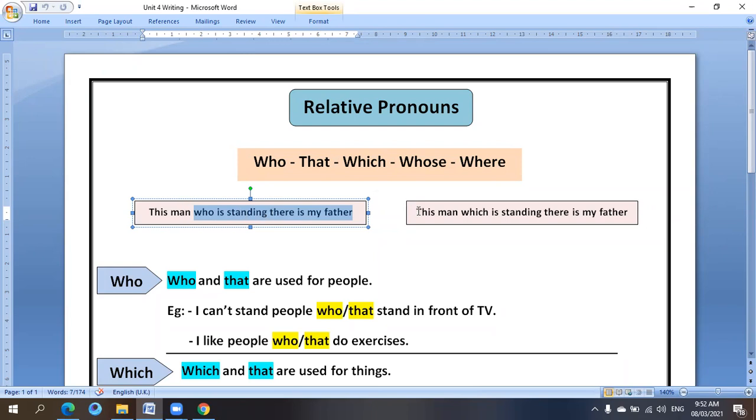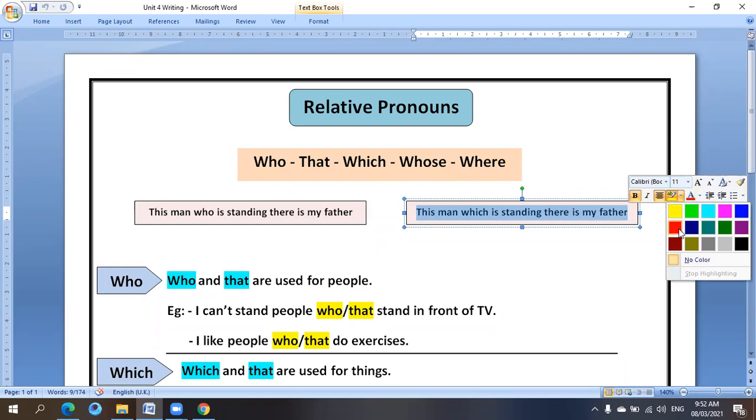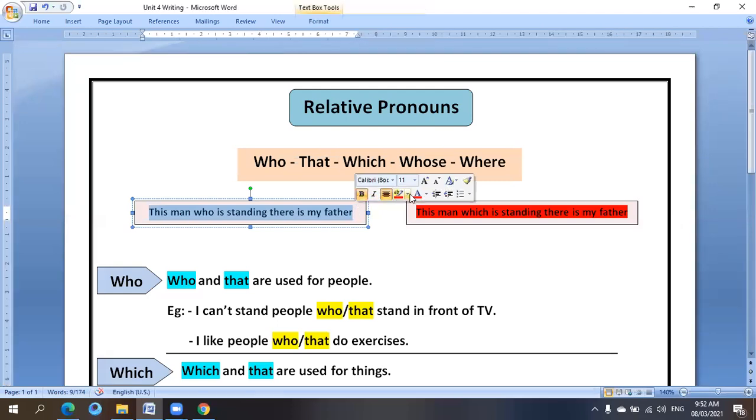Let's mark the wrong one with red, because we said that this is the wrong one.